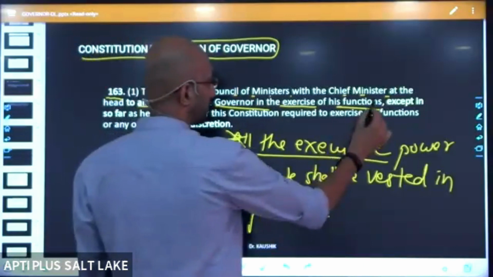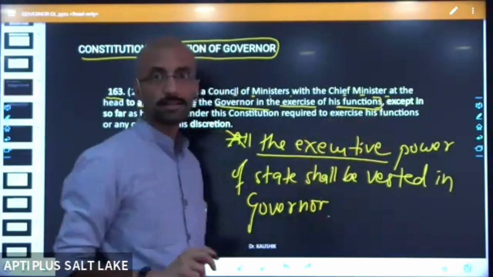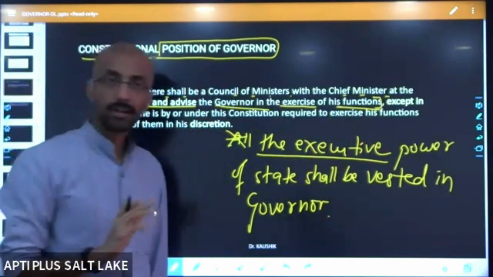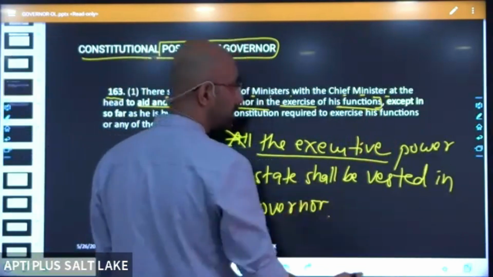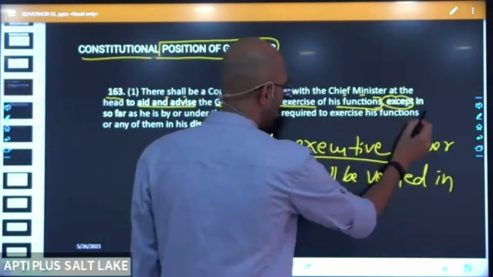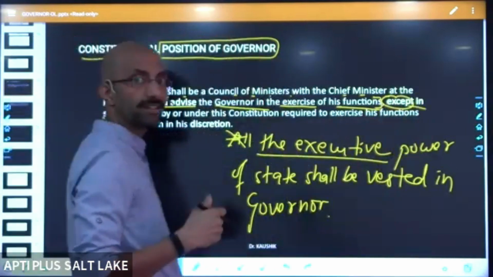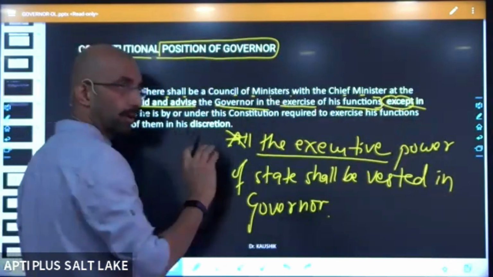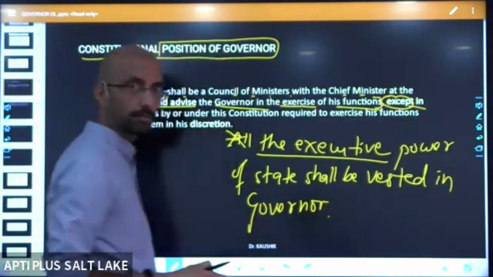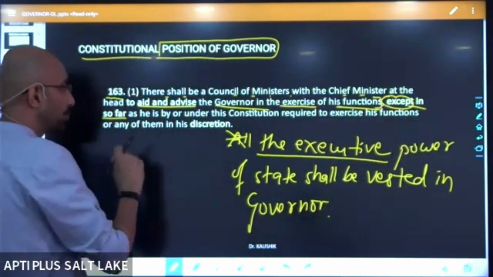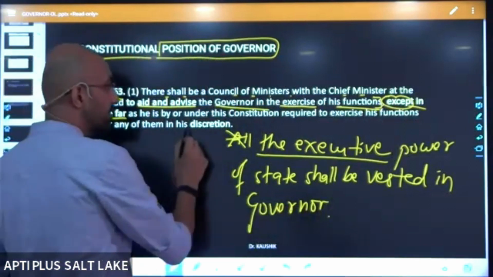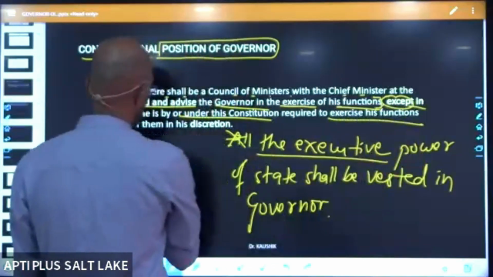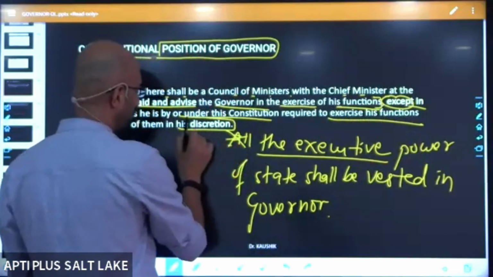Now, until here, the language of the article is same as Article 74. But if we look further, here it says, except in so far. That means except to the extent that governor is required by this constitution to exercise his functions in his discretion.